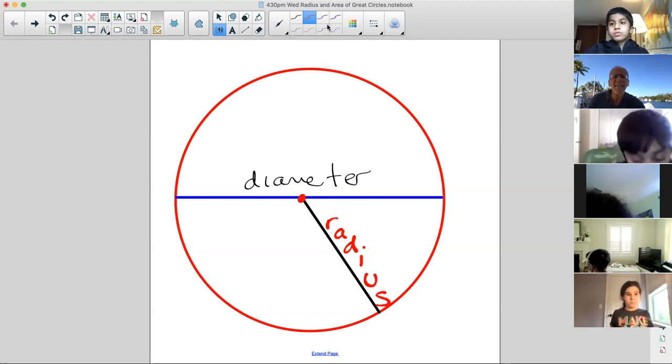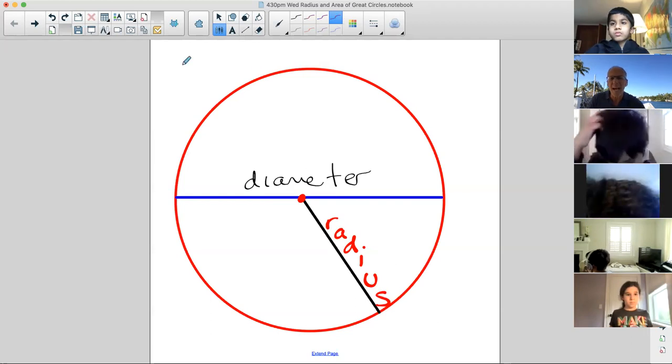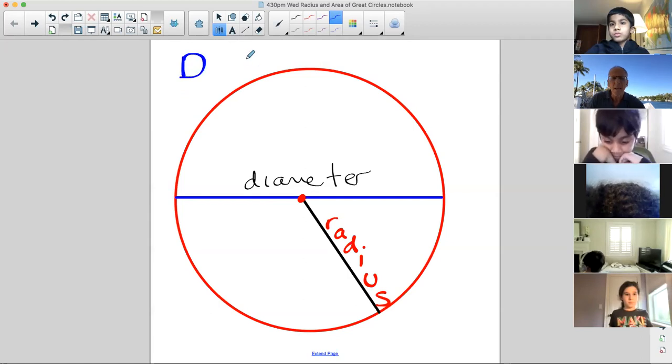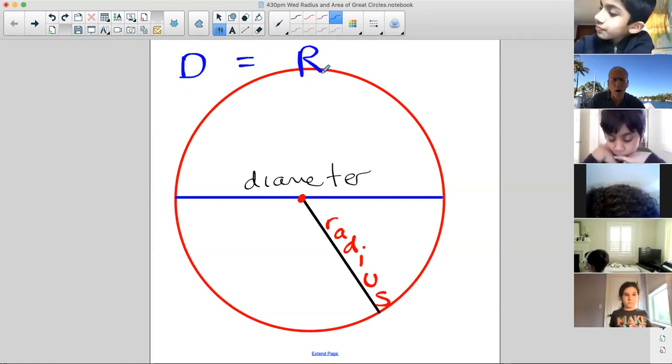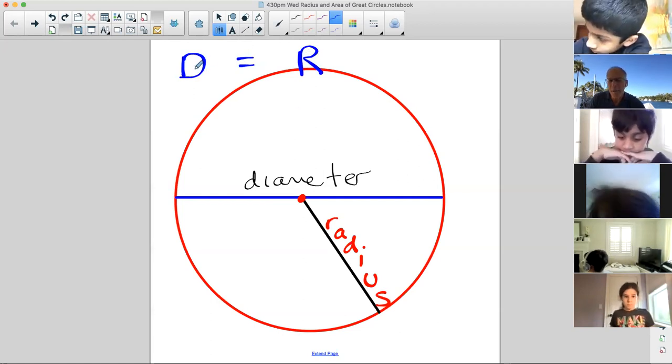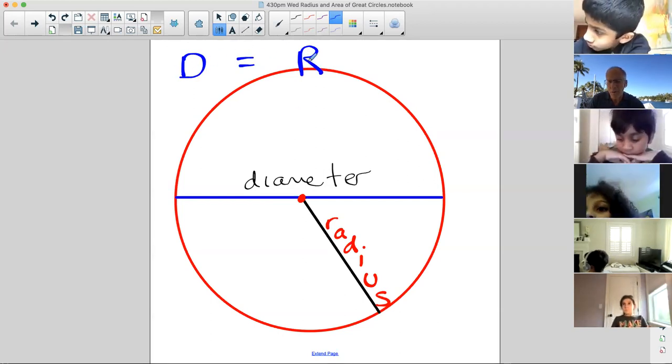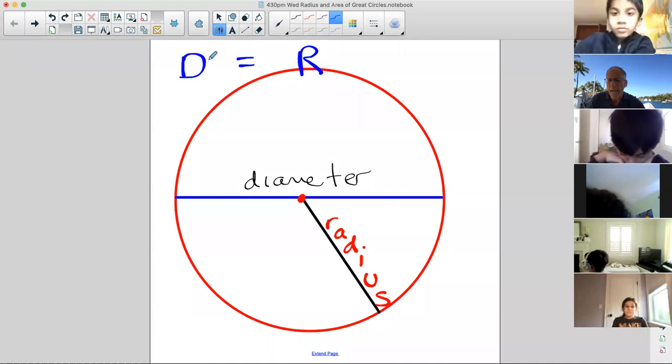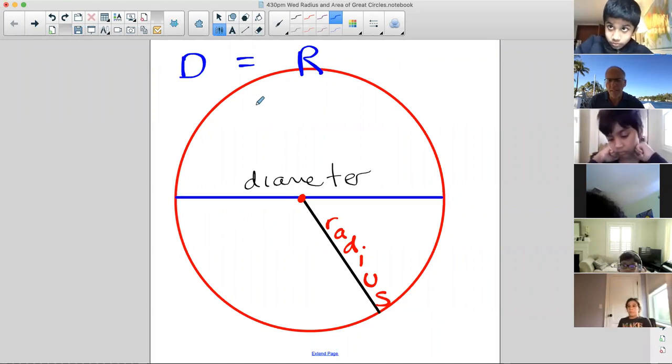Now, if I told you that diameter was represented by the letter D and radius was represented by the letter R, in order for me to make this sentence true, what would I have to do to one of these? I would have to multiply one of these by a certain number.